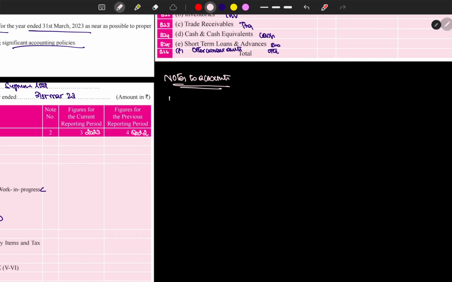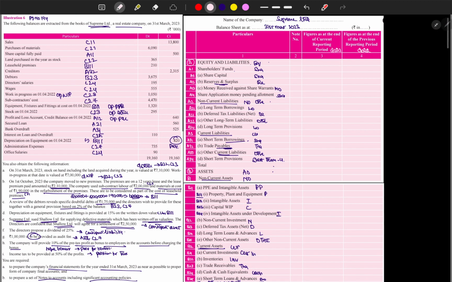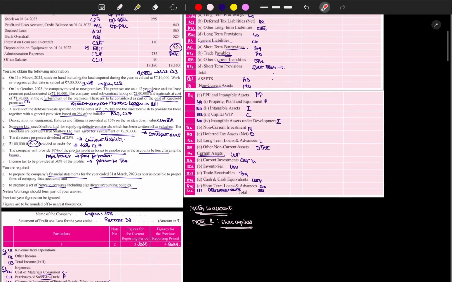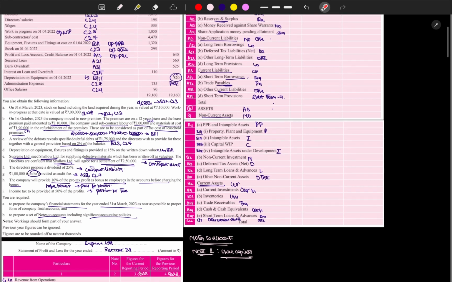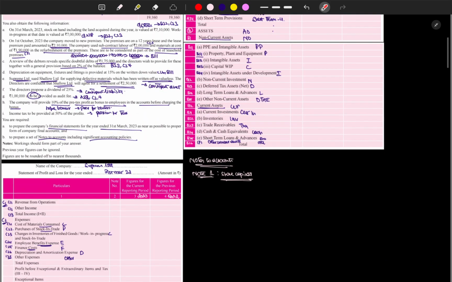Always the first note is share capital. Now let's accumulate the figures to the notes to accounts to find out the specific category values for the balance sheet and profit and loss account.